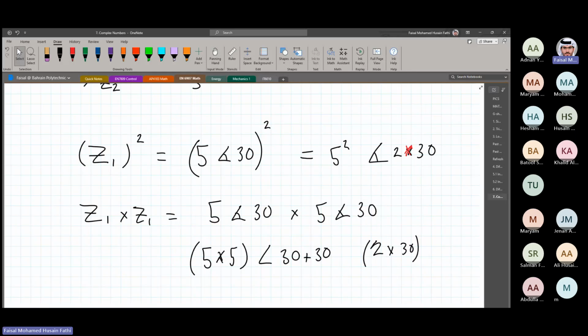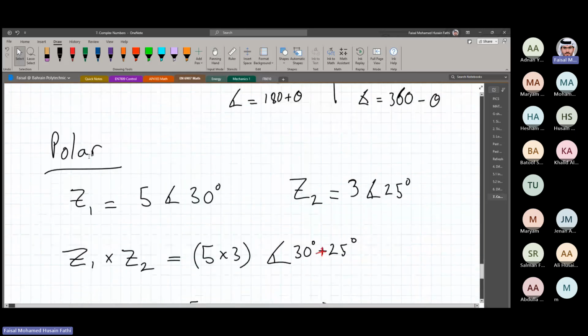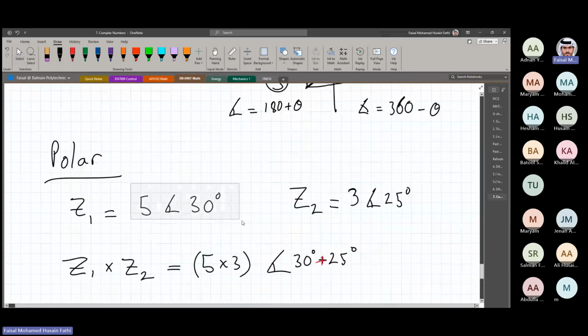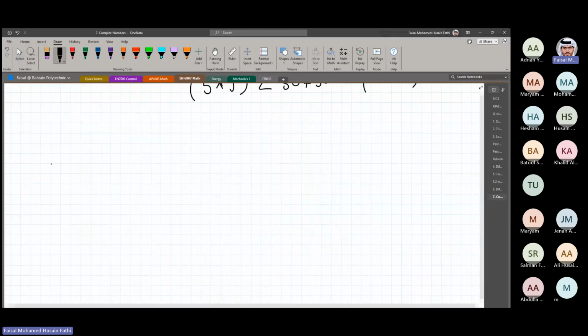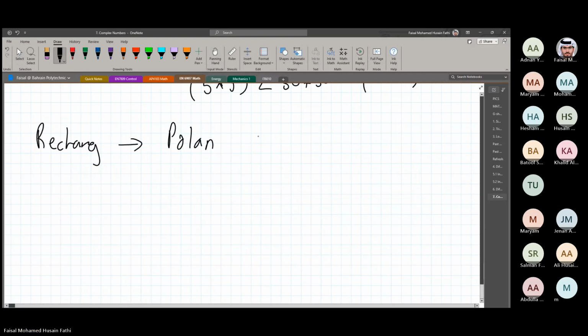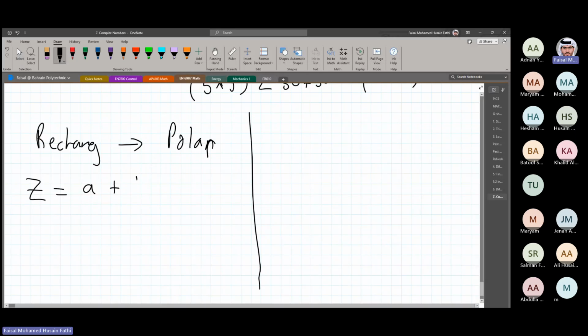Very simple. Okay. So when it comes to addition, always convert it back into rectangular form. How do you convert from polar? So now we know from rectangle, quick recap, to polar. We have Z is equal to A plus BJ.